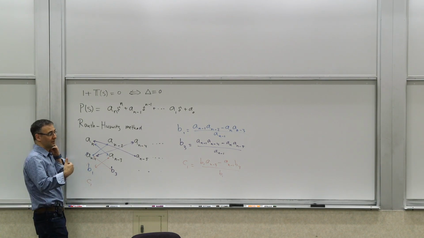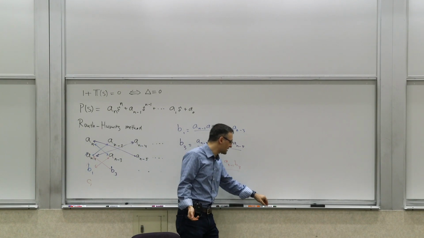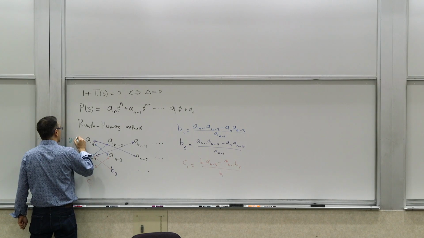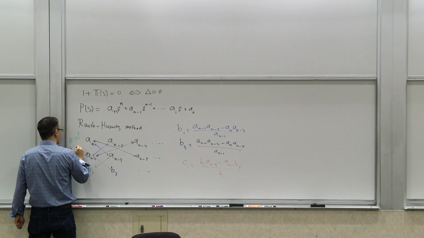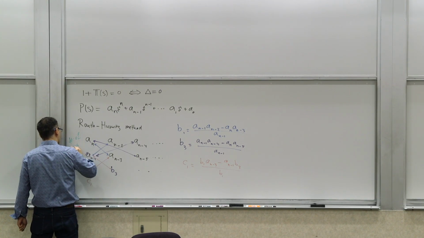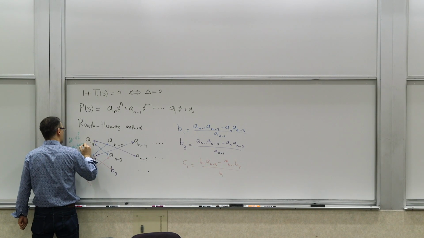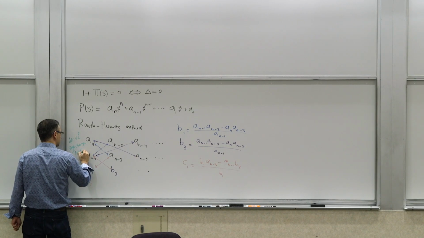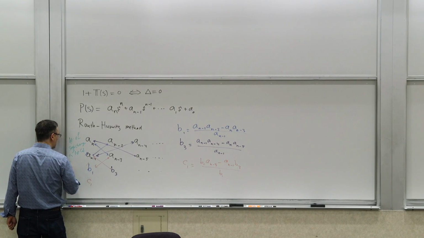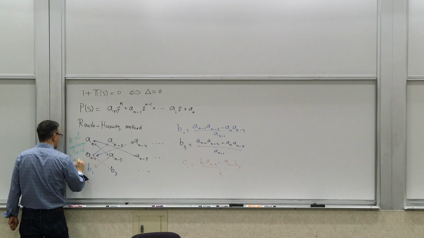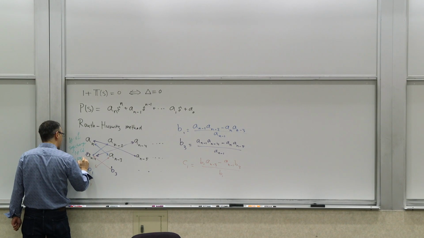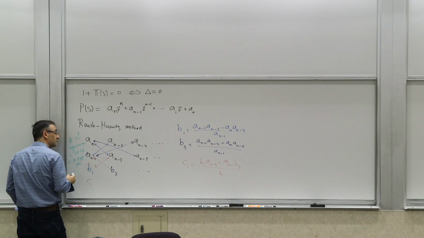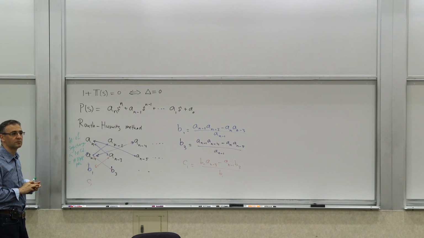What you can tell from this is that the number of sign changes in the first column is equal to the number of right half plane poles of this root.